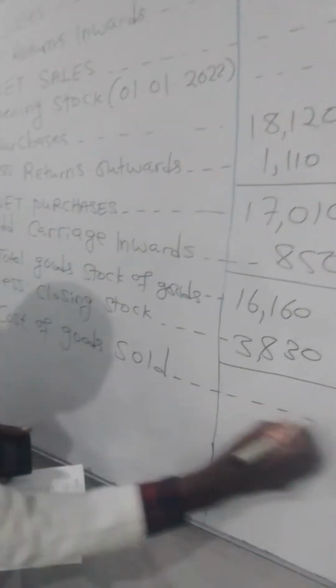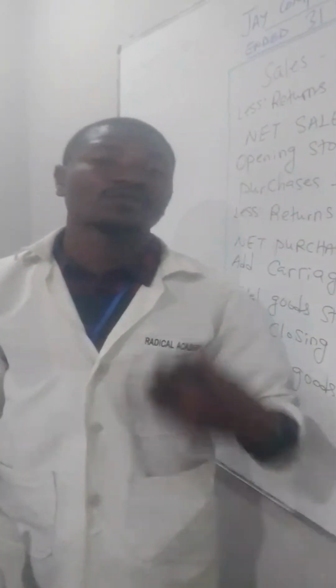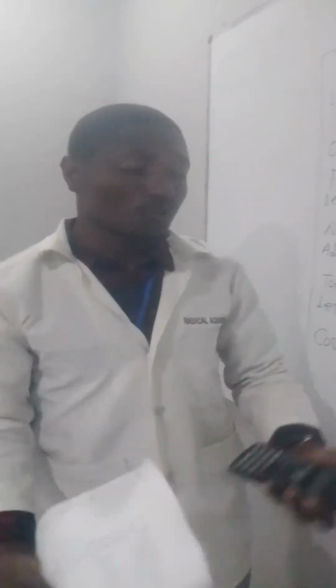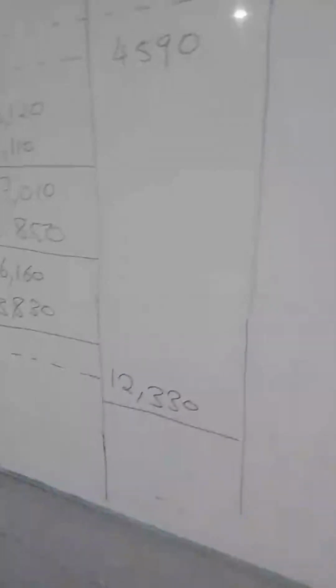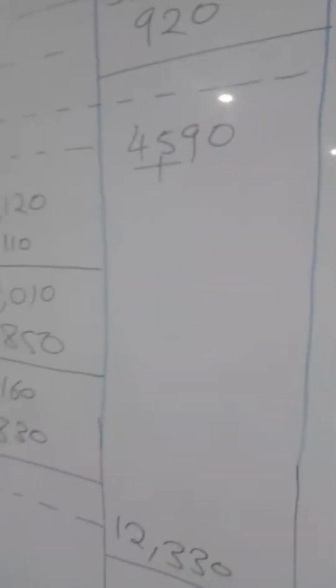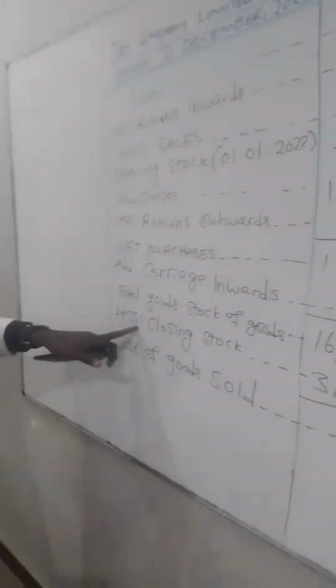Meaning this is how much the goods we have just sold were actually costing. So a cost of goods sold is just 4,380. Now you can see that we have the opening stock. So what's going to happen is to say this.